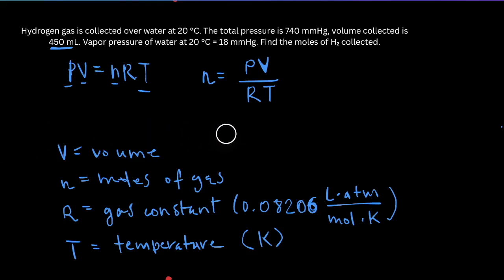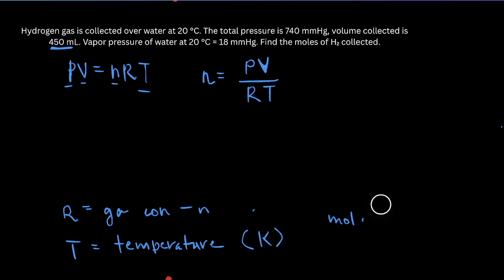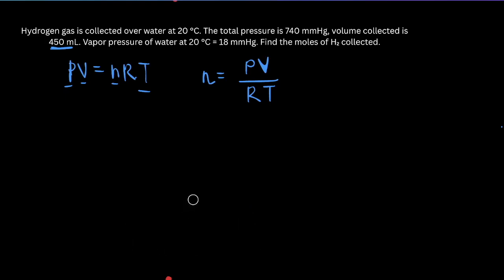Firstly, we see that the pressure of our hydrogen gas is given in units of millimeters of mercury: 722. If we want to use the ideal gas law, the first step is to convert this into ATM.